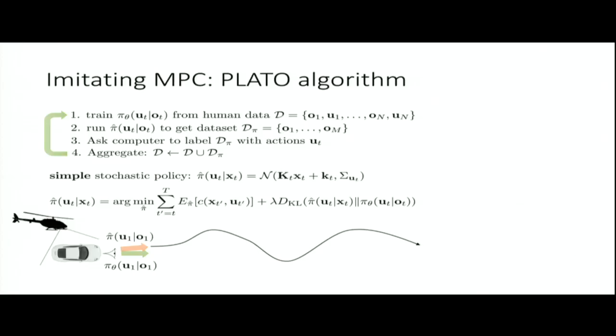So that means that pi hat can do smart things. It can avoid getting you into a lot of trouble, whereas pi theta might still be learning from raw images, from sensory signals that are difficult to plan over, but they're the only thing that you'll have available at test time. So this external observer might tell you your state.